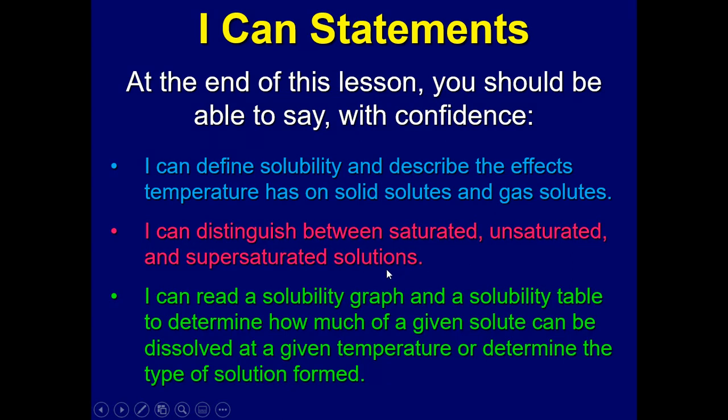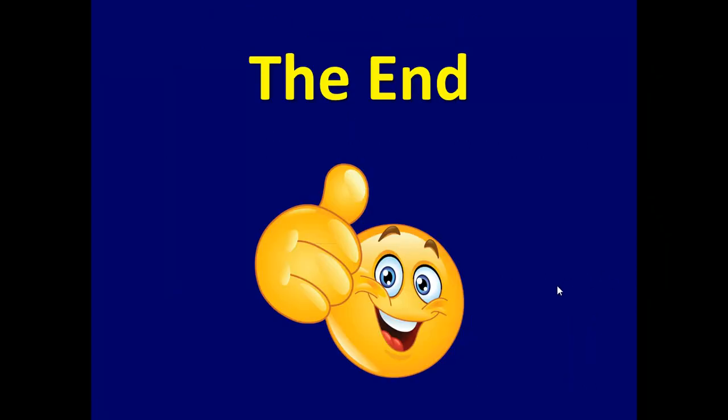If the amount is greater than the line on the graph, then it's supersaturated. If the amount is less than stated in the table, it's an unsaturated solution. If the amount is more than what's stated in the table, it's a supersaturated solution. So that's how you read solubility graphs and tables. That's the end.